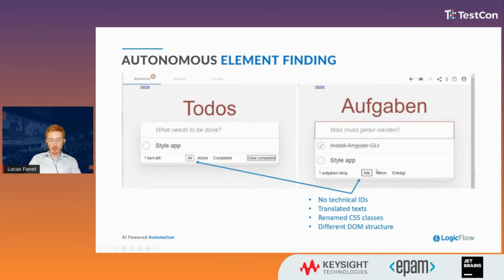Nonetheless, based on the size, location, visual aspect, and relative location on the page, the algorithm correctly identified which buttons to click, active to active and completed to erledigt. And we did a manual maintenance step to confirm that we want to skip the clear completed button.